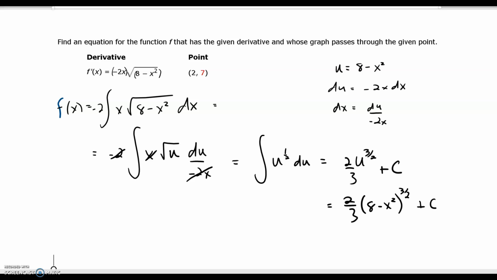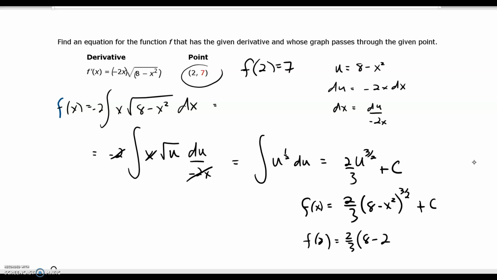And now all I got to do is solve for c. Okay, so to solve for c, I use this point. Another way to give you that point is to say f of 2 equals 7. So this is f of x. So f of 2 is 2/3 times (2 minus x, input 2) to the 3/2 plus c.